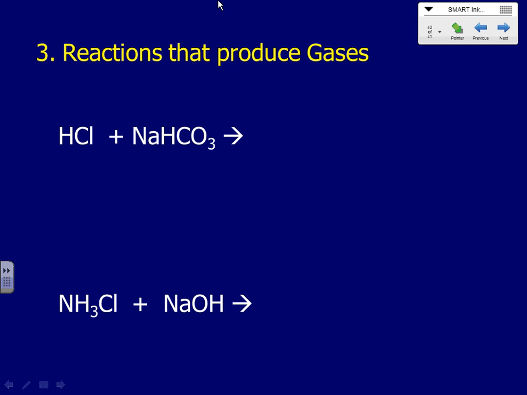So some reactions produce gases. Let's just do the double displacement reaction, get the products, and then I'll tell you where the gases come from. Hydrochloric acid with sodium bicarbonate. Now I introduced the bicarbonate here because there are all kinds of different bicarbonates or bisulfates, and what I want to introduce you to here is how we deal with a bicarbonate.